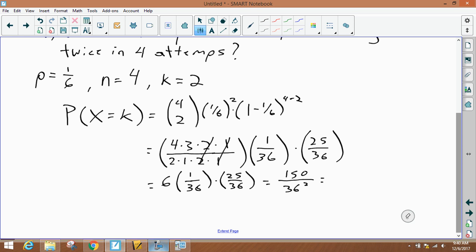And we're going to probably come up with an approximation, really. I don't imagine we wouldn't wind up rounding. 150 divided by 36 squared is approximately 0.116.